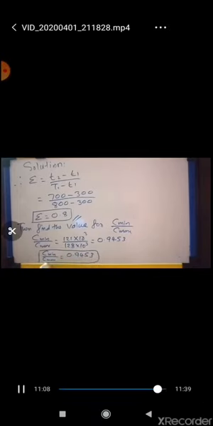Okay. Then from HMT data book page number 172, there is one graph. From that graph we have to find out the value for NTU.